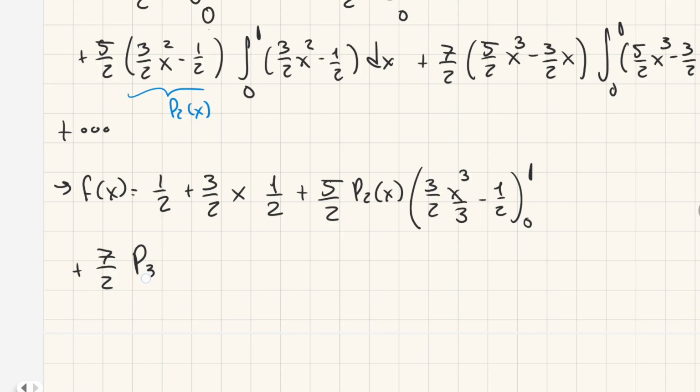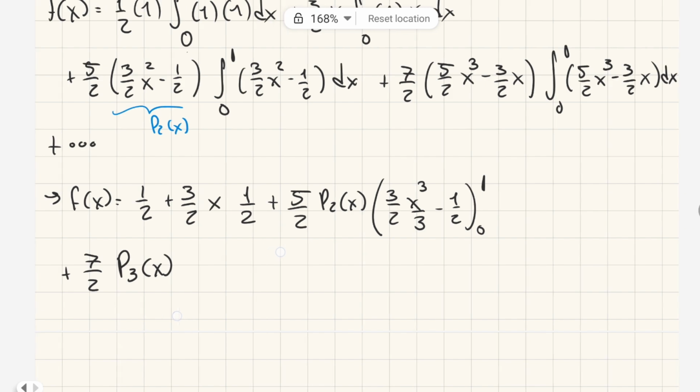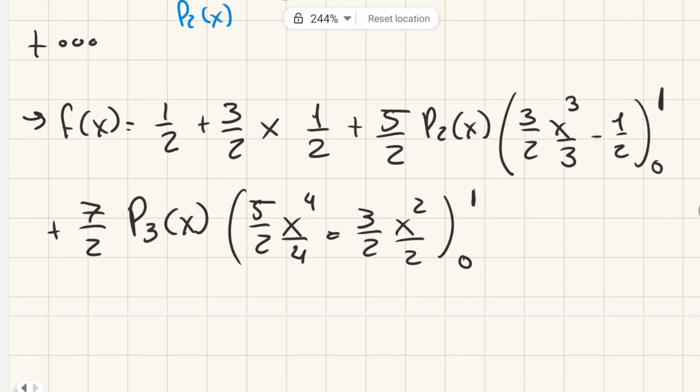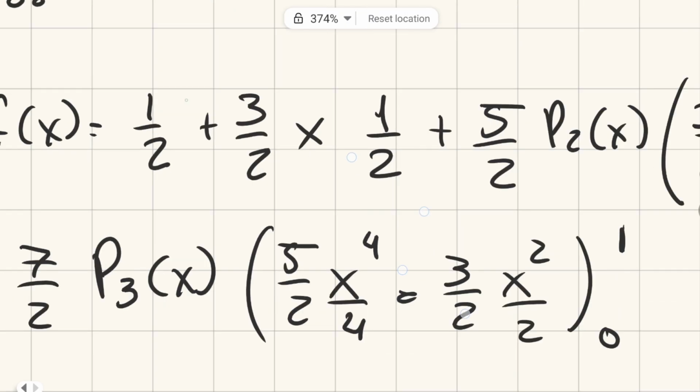It will be p sub 3 of x, and then this is going to multiply 5 divided by 2 x to the fourth power divided by 4 minus 3 divided by 2 x to the second power divided by 2 from 0 to 1. Okay, looking at p sub 0 is equal to 1, we can say that this element is multiplying p sub 0 of x, and that p sub 1 of x is equal to x. We can say that this is p sub 1 of x.